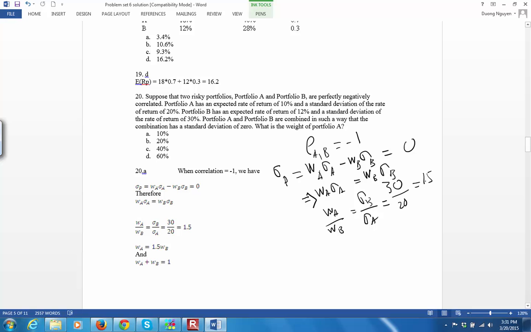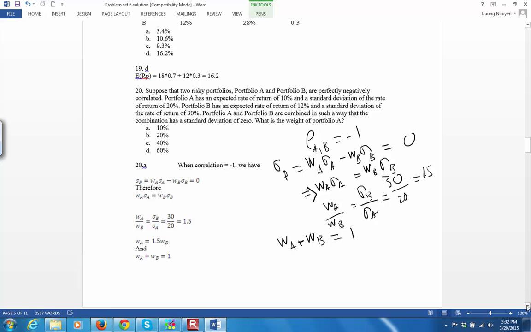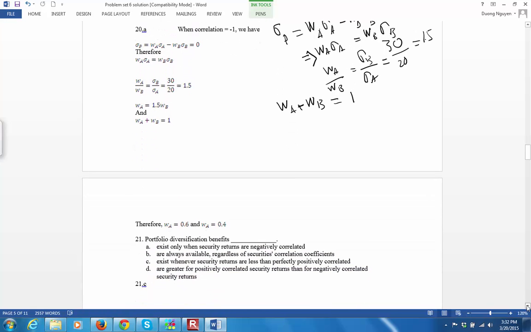So w_A is 1.5 times w_B, and you know that w_A plus w_B equals 1, because you have only two stocks in the portfolio. You solve the equation, and you should get w_A equal to about 60% and w_B equal to 40%.